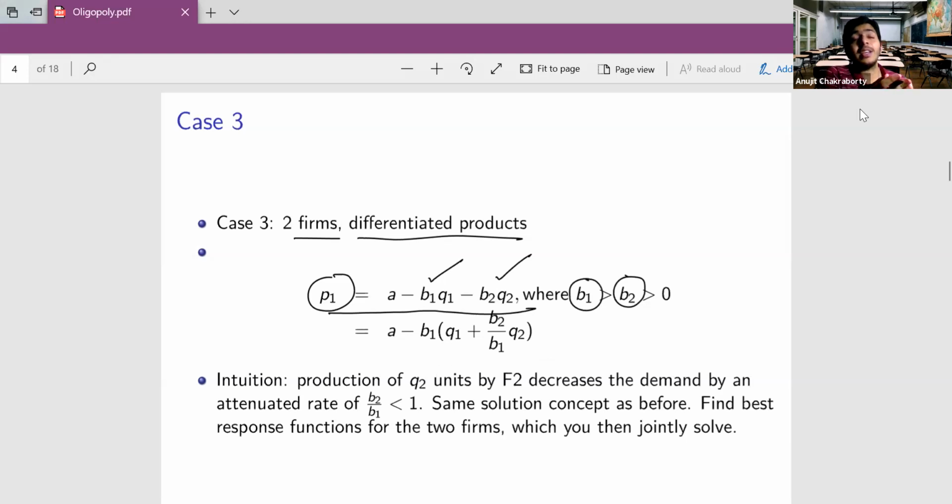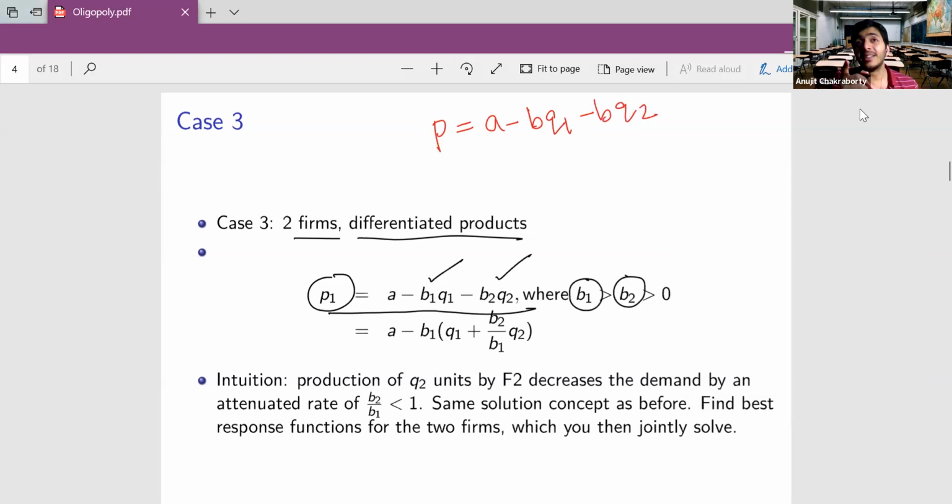So once again, how do we model differentiated products? In the previous case, the price for both firms was A minus BQ1 minus BQ2 because they were selling the same product.